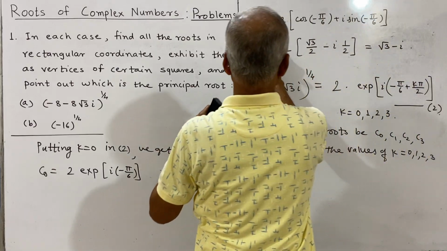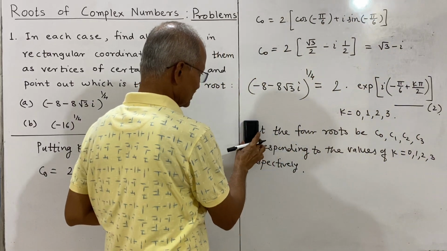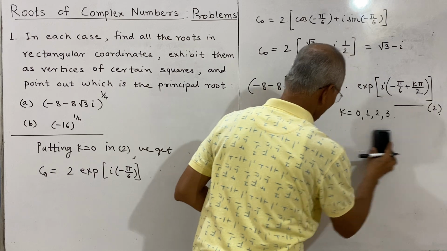So this is C0. Now next put k equal to 1 to get C1.